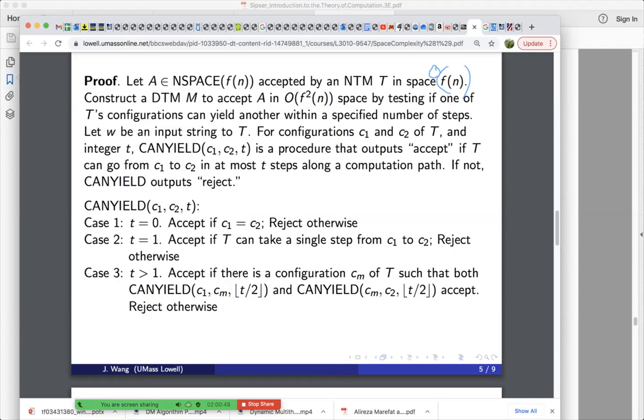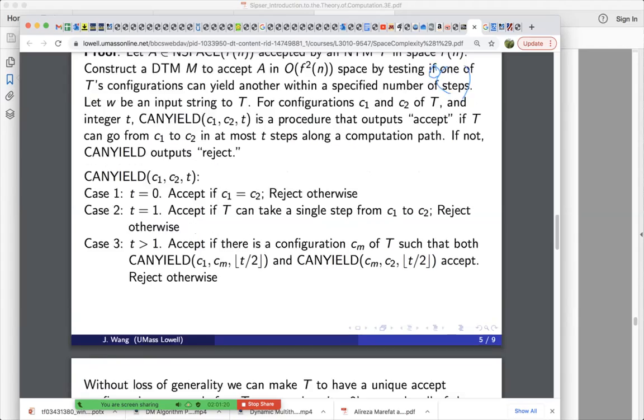So that means that we'll accept if there is a configuration Cm of T such that both CANYIELD(C1, Cm, floor of t over 2) and CANYIELD(Cm, C2, floor of t over 2) accept. Otherwise, reject. So if both of them accept, we accept. Otherwise, if at least one of them rejects, we reject. Okay, so that is CANYIELD.